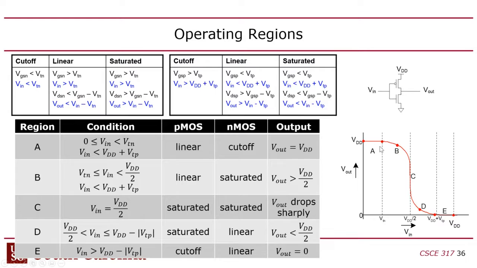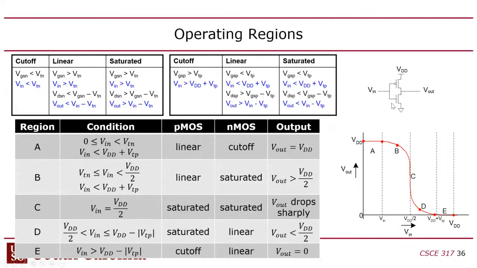Now, once we start increasing the input voltage, at some point the input voltage is going to hit the threshold of the nMOS. Well, now we start to see some weird things happen, because once that happens, the nMOS will actually be in saturation mode.